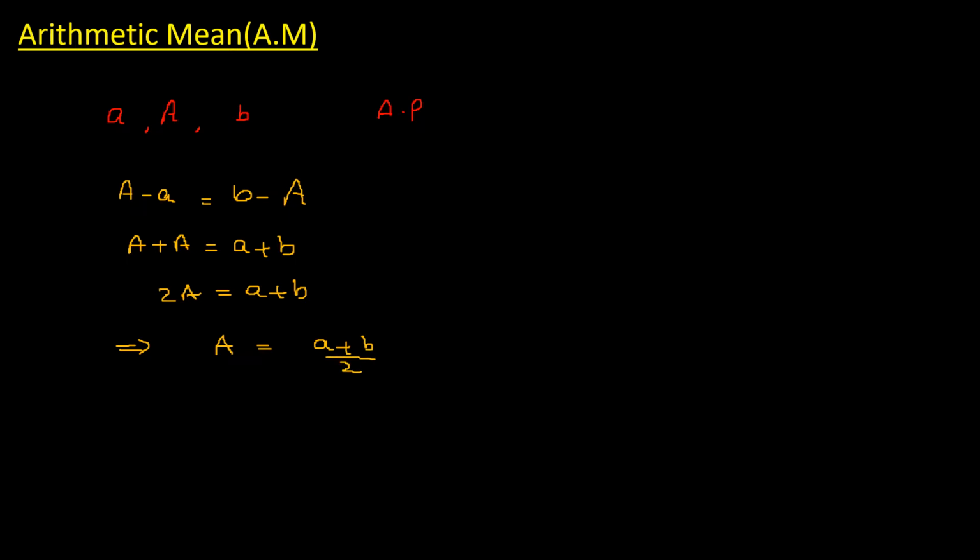So if we want to find the arithmetic mean between any two given numbers, the formula for this is (a plus b) by 2.